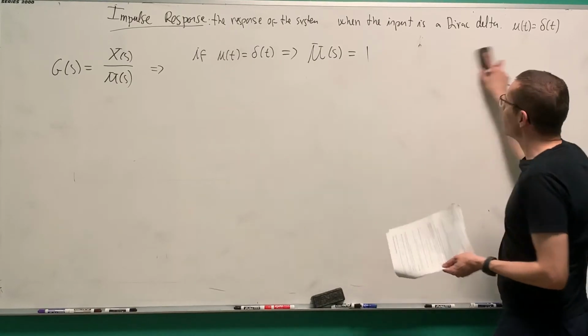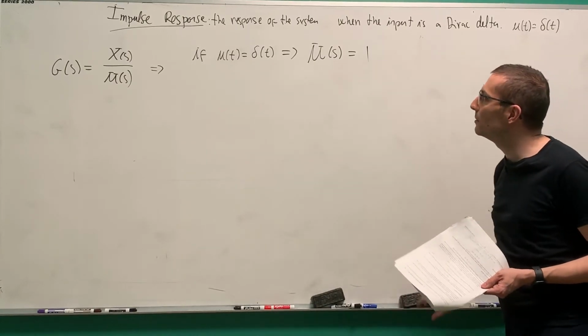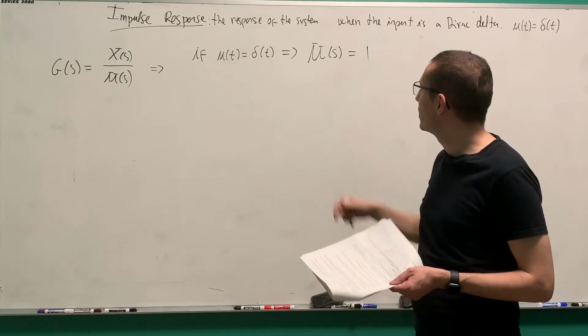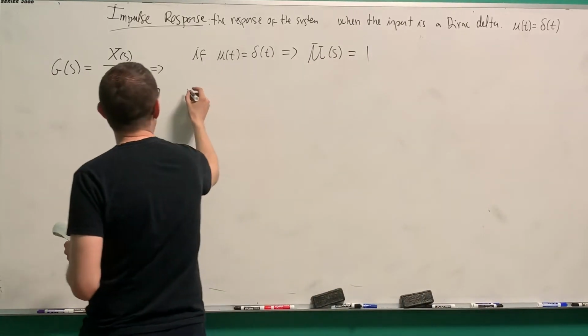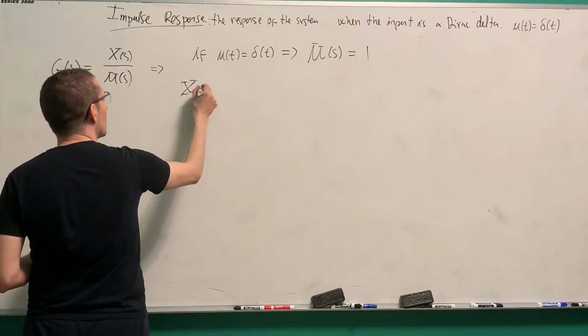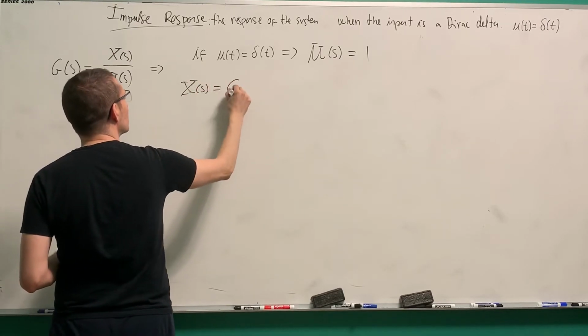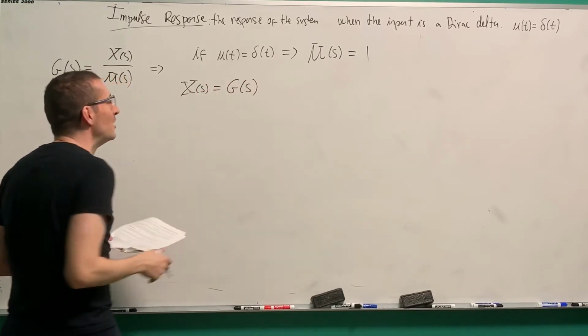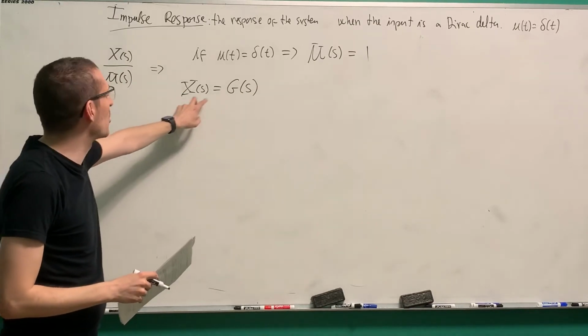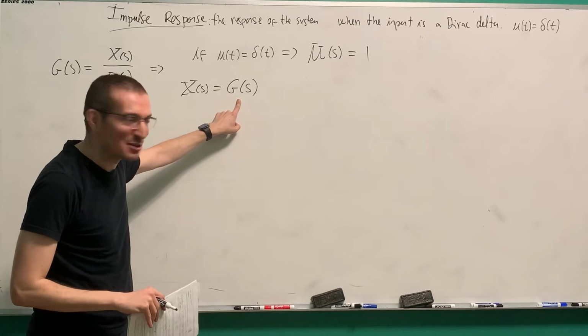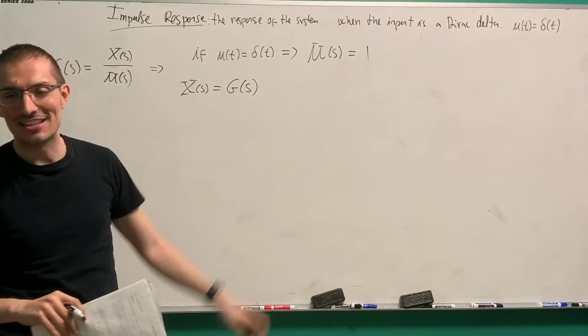All right, so if u of t is a delta, then capital U of s is 1. And in that case, it happens that X of s is equal to G of s. So the Laplace transform of the response coincides exactly with the transfer function if the input is a delta.